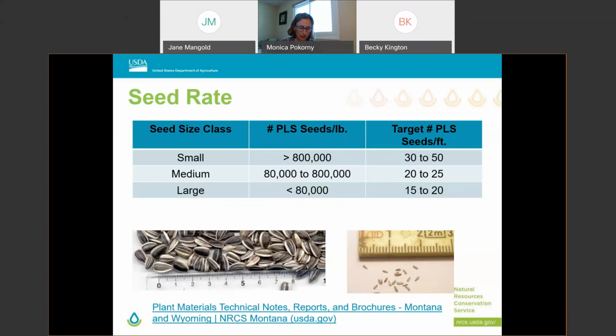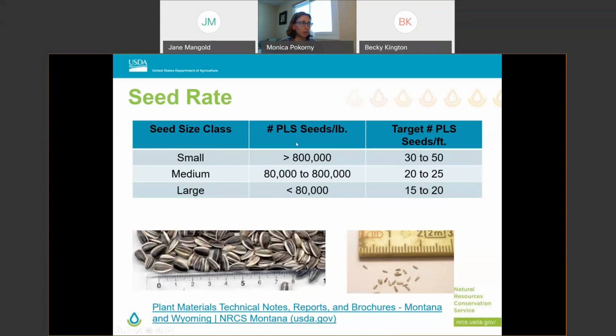And I just want to point out something that's important too, why we don't just have a standard recommendation of pounds per acre that we recommend. And it has to do with the seed size. So if you look at, this is a sunflower, and if you compare the size to something like a prairie coneflower or yarrow seed, if you planted each of these at a pound per acre, for the large seed, you'd be seeding it at a rate of 2 seeds per square foot.